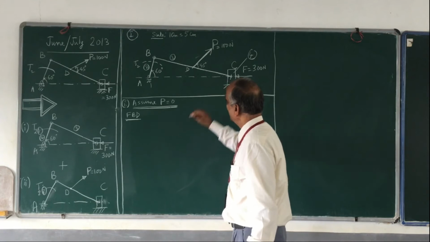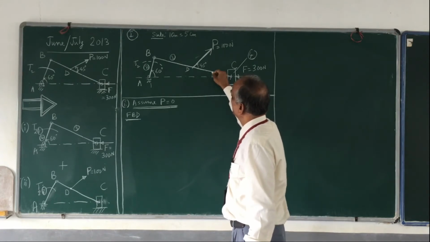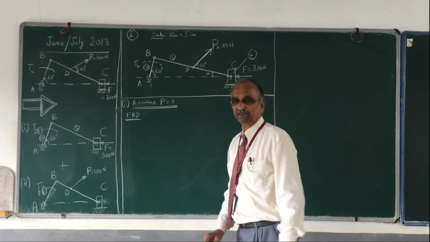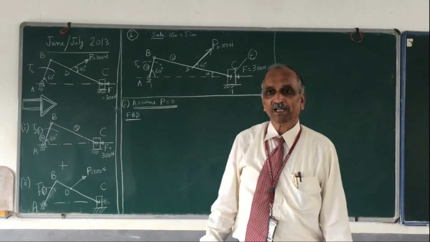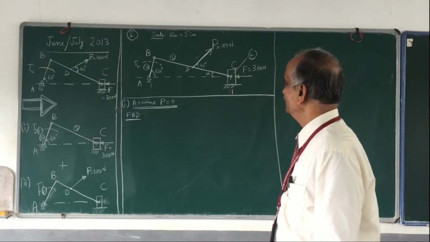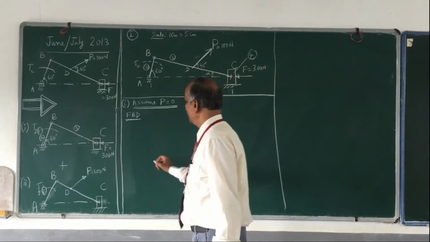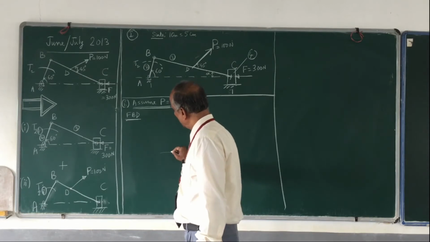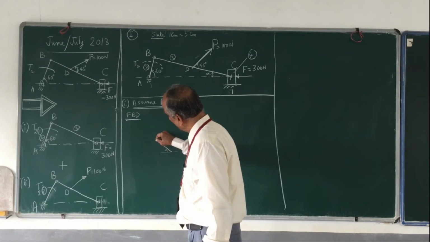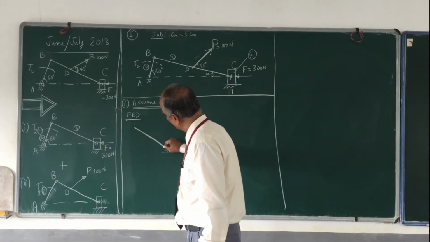Before I proceed, I shall measure this angle as I did in the previous case. You have already drawn this diagram, and therefore you know the alpha value. So you choose any point, draw a horizontal line, measure alpha, and then draw link number 3.